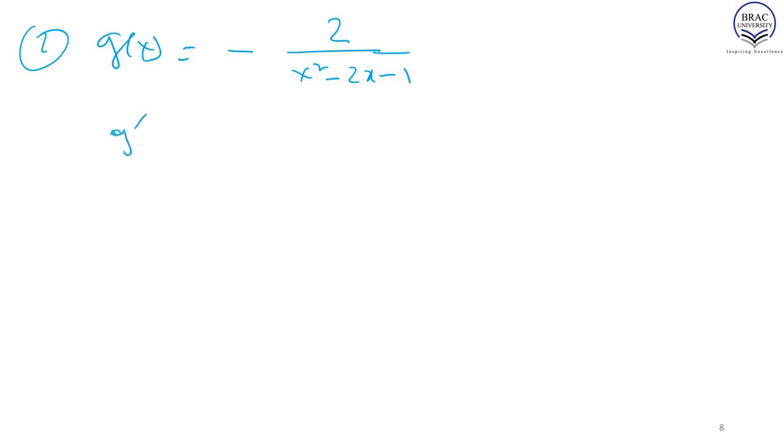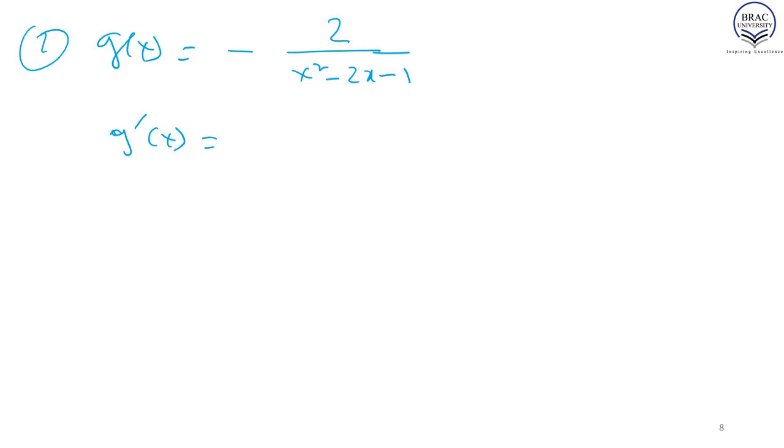Let's try the second choice. For the second choice, we have a g of x given by minus 2 divided by x square minus 2x minus 1. So first we compute g prime of x. It is pretty straightforward, so you can use the UV method.